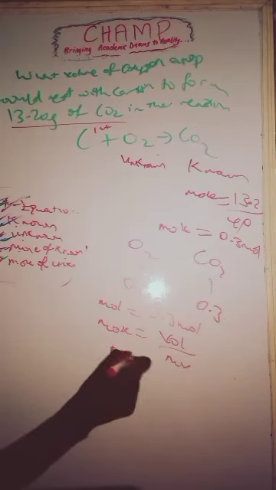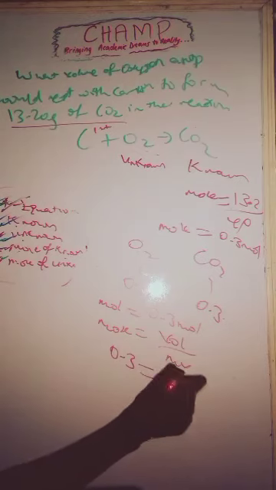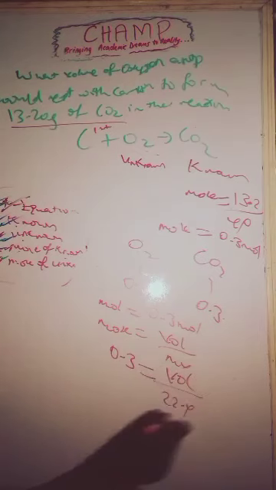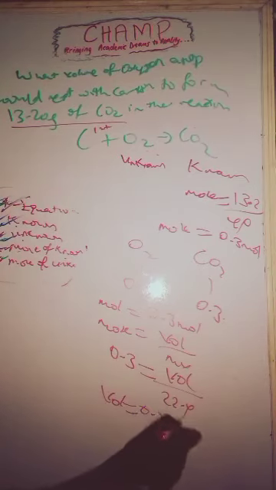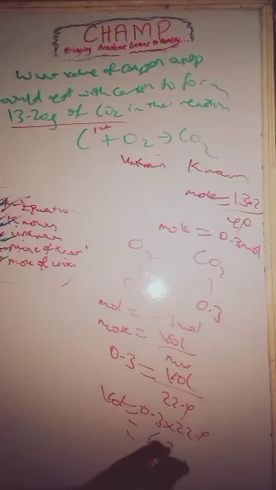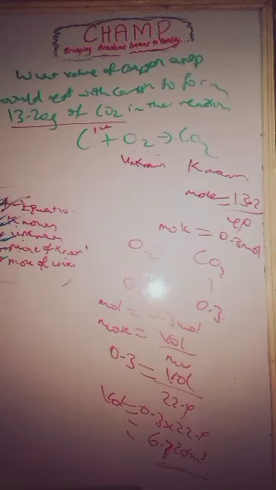What's your mole? 0.3. What's your volume? That's what you're looking for. Molar volume is 22.4. So cross multiply: volume is equal to 0.3 times 22.4. That's 6.72 dm³. Yes, you can pause this video or play it back and try to solve it on your own on a sheet of paper and see how well you are getting the concept.